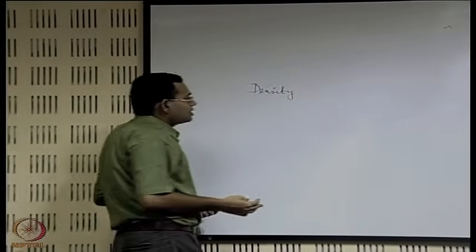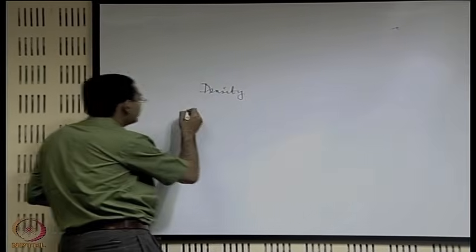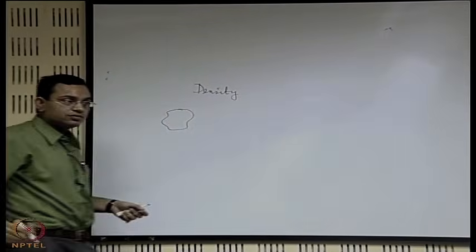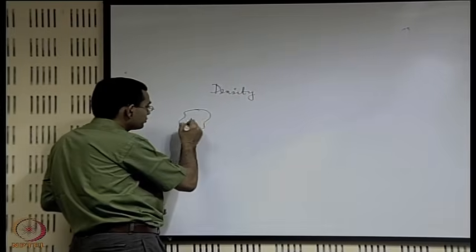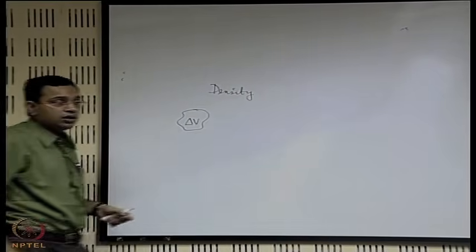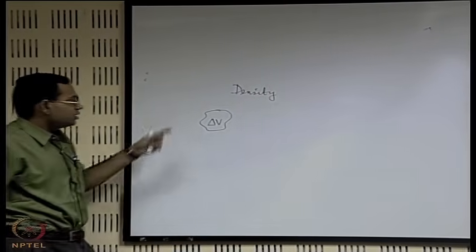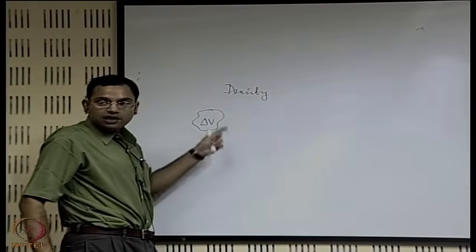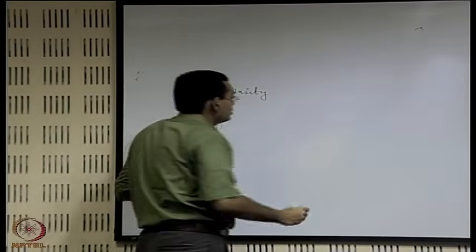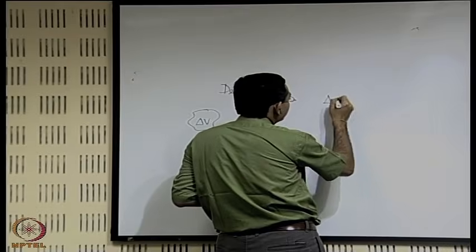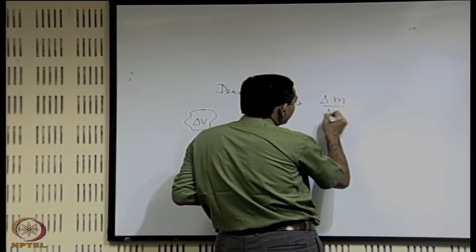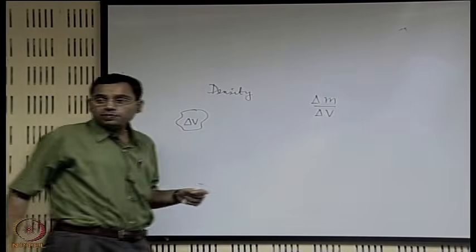So loosely what we say is that if we have an elemental volume, say delta V, we have the mass of the molecules which are there in this delta V. So we take mass per unit volume.